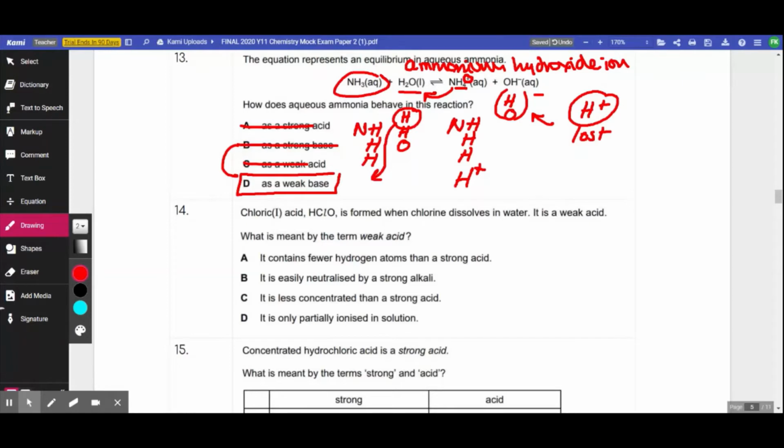So let's move on to the next question. And while you're giving a read on that next question, you'll be pleased to note that if you were a little bit stuck on question 13, so were roughly 60% of our sample. The most common mistake was actually choice A as a strong acid.